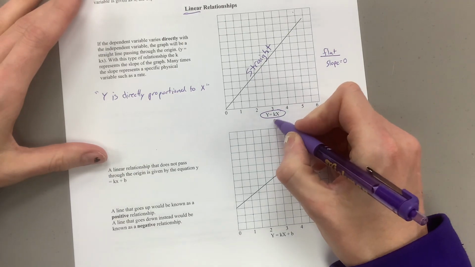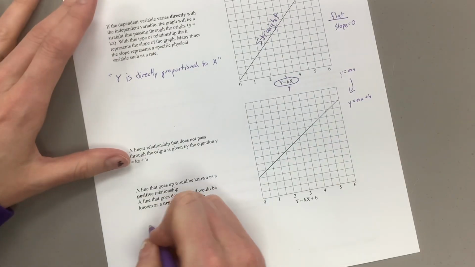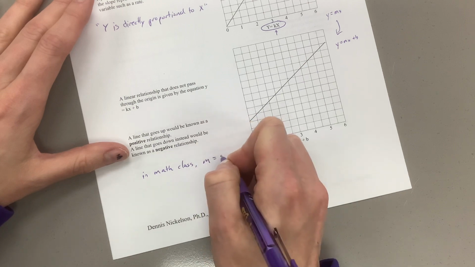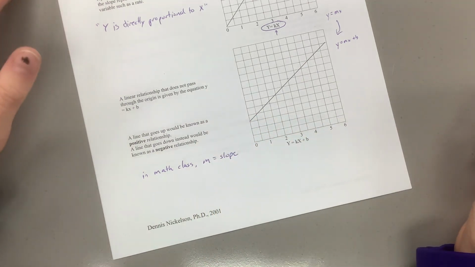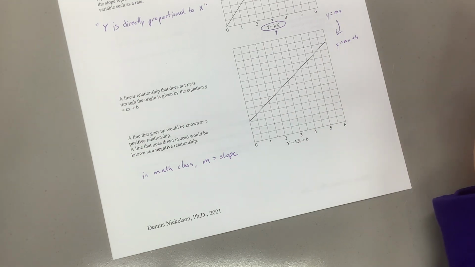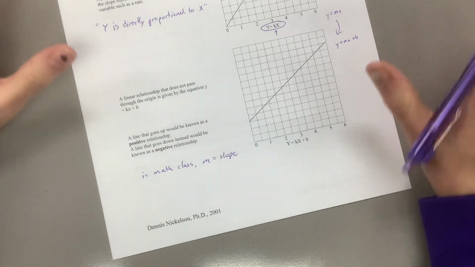But the reason we use k instead of m is because in math class, m does mean slope, and you can find the slope of a line exactly the same in physics class as you would in math. In fact, all math works the same in physics as it does in math, okay? It's the same math.